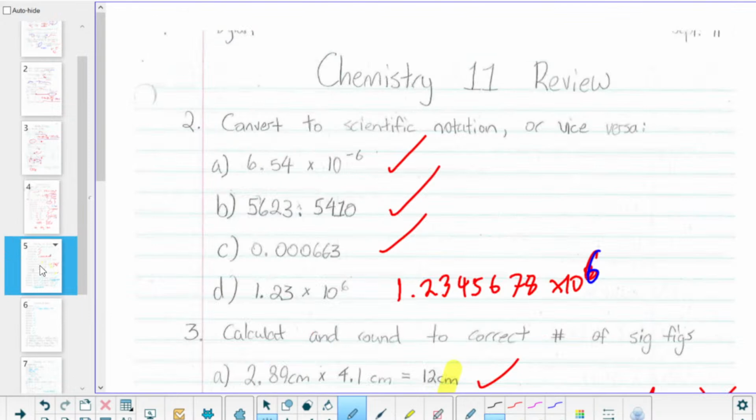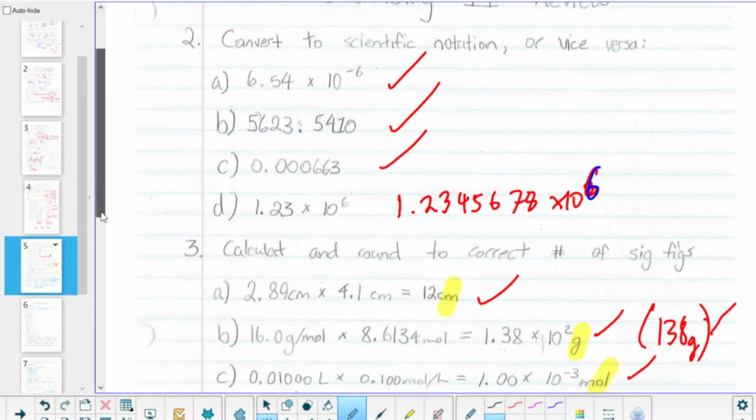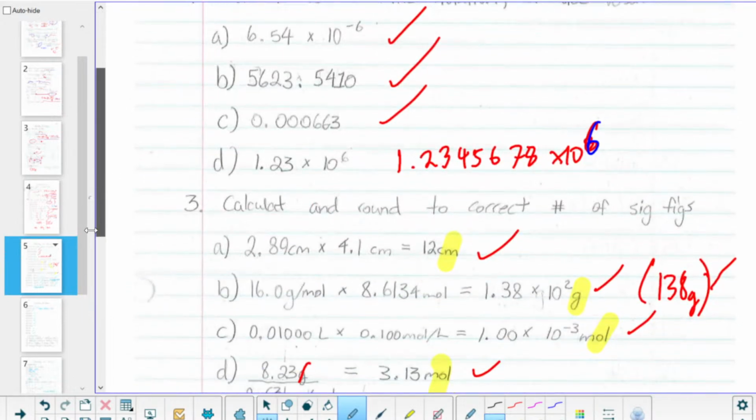Question number 2, convert to scientific notation. And I ran into this in a couple of people. There was the assumption that scientific notation works like this: x dot xx times 10 to the n, and that you were only allowed 2 decimals. I was like, that's weird.